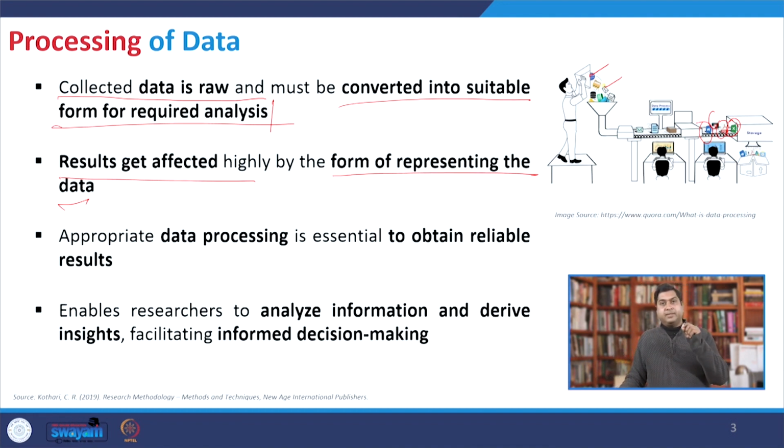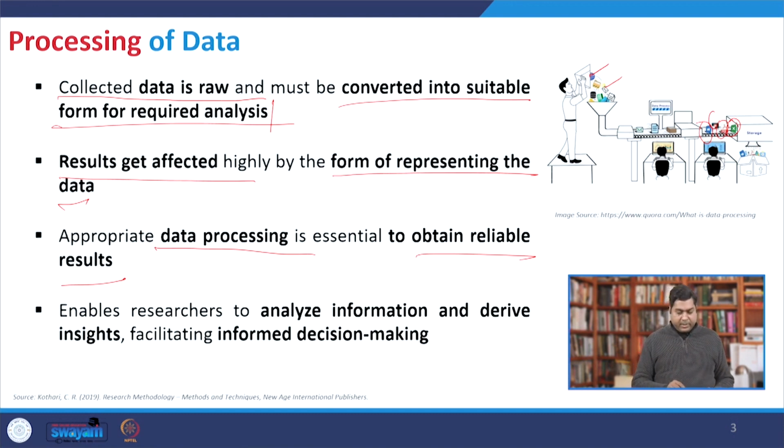If there is some missing component and you try to analyze with the software, it will not run properly, or in such cases will give a distorted result, which will be very difficult to represent. Appropriate data processing is essential to obtain reliable results, because the input that you are giving must be in a proper and required format.